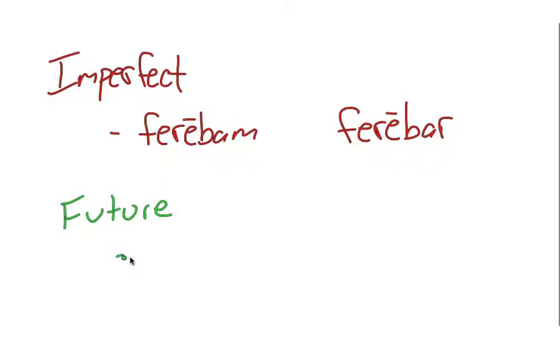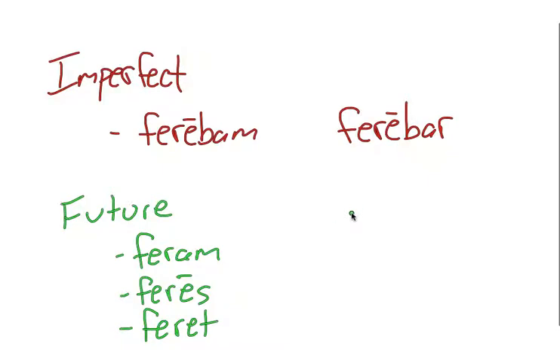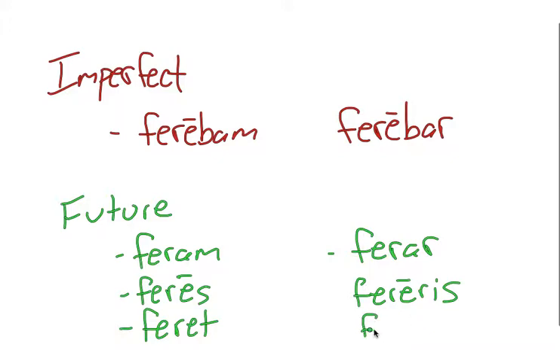Future looks like third conjugation, so first singular would be feram, and then second singular, feres, feret, and for future passive, it would be ferar, fereris, just like a third conjugation verb, feretur. So in the imperfect and future, fero looks just like a third conjugation verb, just like volo and malo and nolo, and just like fio does. A lot of these irregular verbs will look like third conjugation verbs.